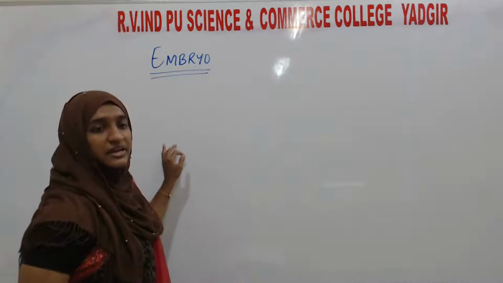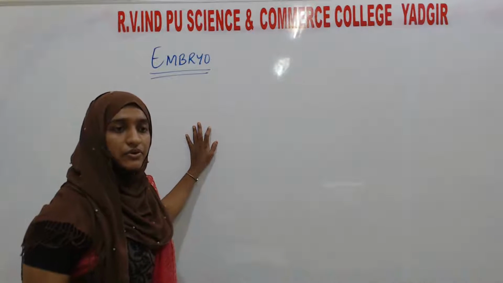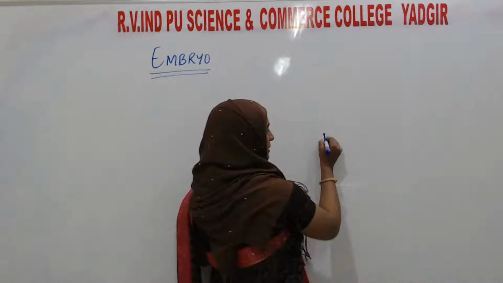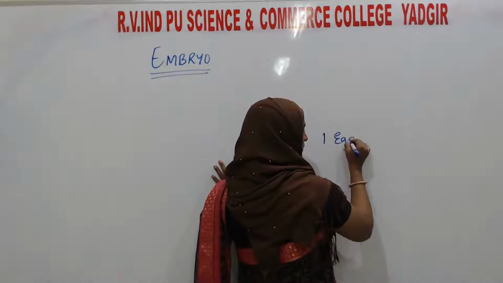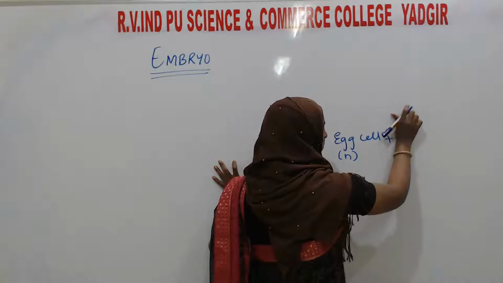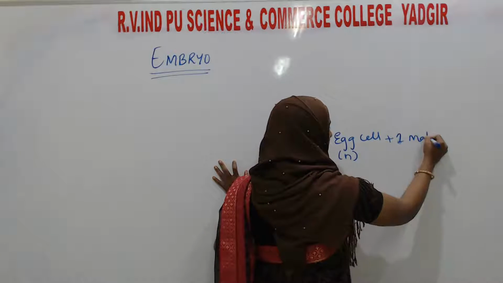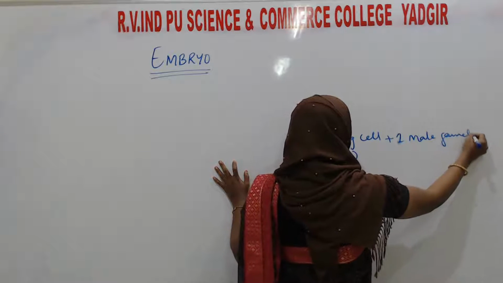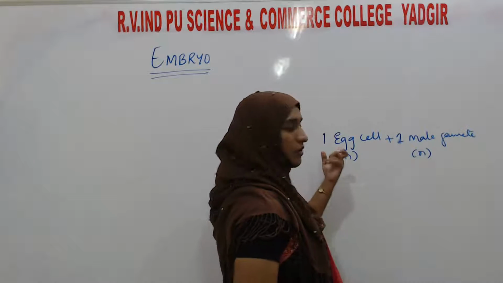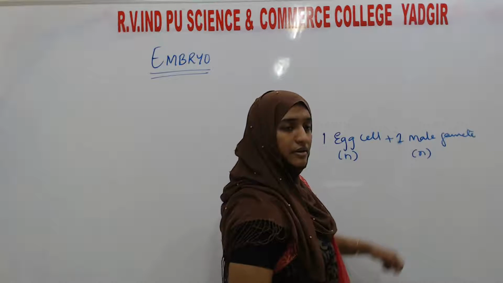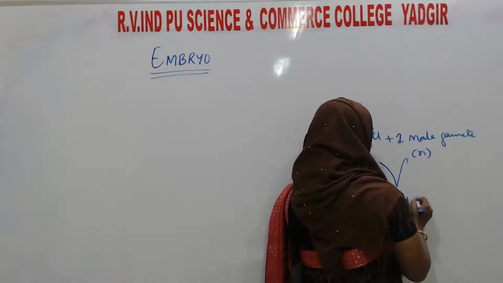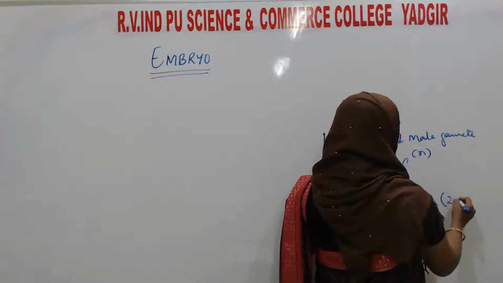See, first of all, in double fertilization, you had already studied about how embryo is going to form. That one egg cell that is haploid fused with one male gamete, which is also haploid, and after fusion it will form a zygote, which will become diploid.